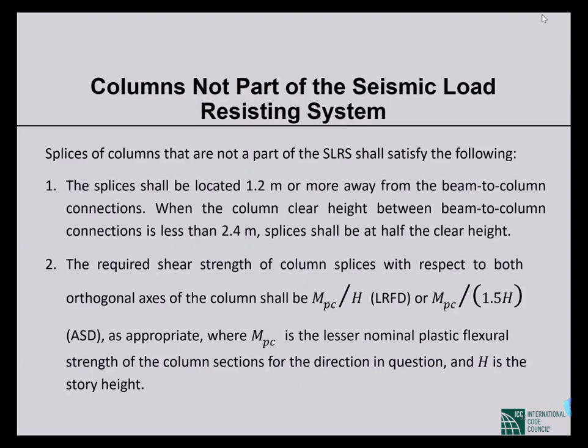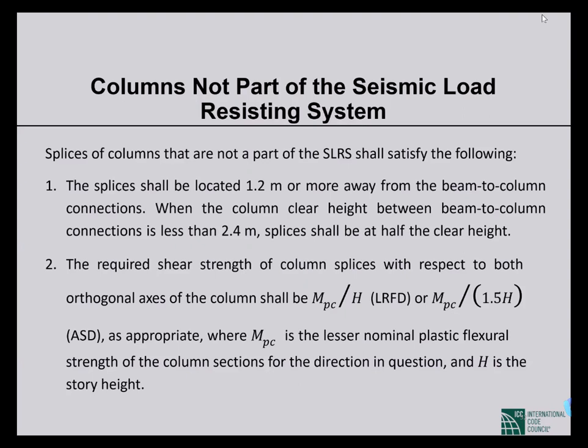So this is the lesser one, the weaker axis. So we have to calculate the force considering that the plastic moment capacity will be reached in the columns. Then we'll get this force. We'll design the splice for that force. So that is the concept.